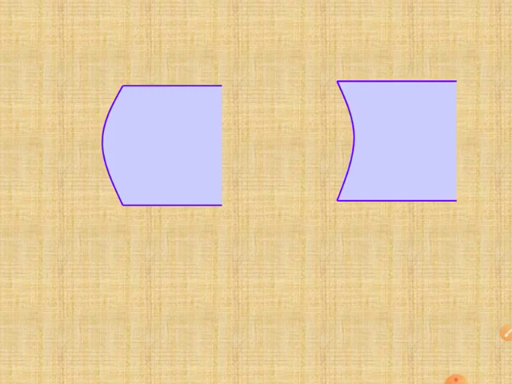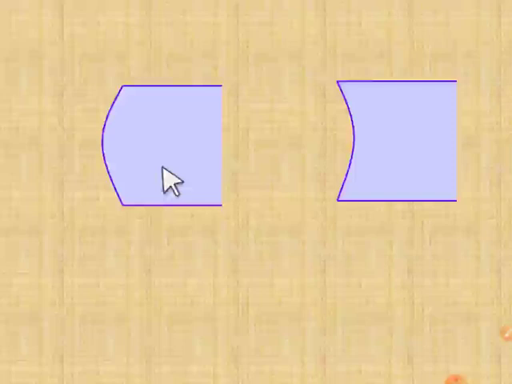If this refracting surface bulges outward into the rarer medium, then we call it a convex refracting surface. And if it is concave toward the rarer medium, then we call it a concave refracting surface. This one is concave and the first one is convex.